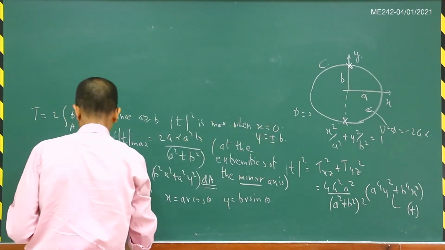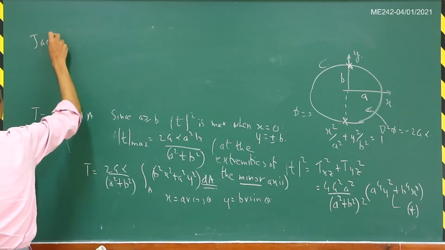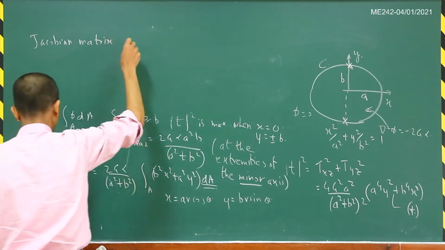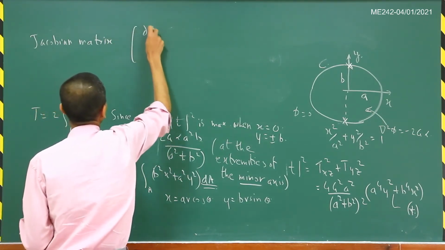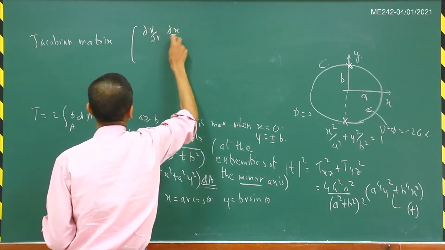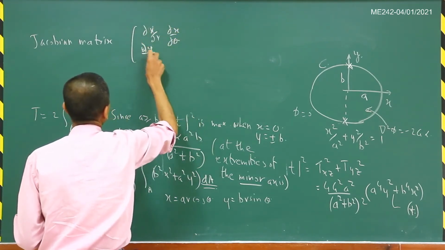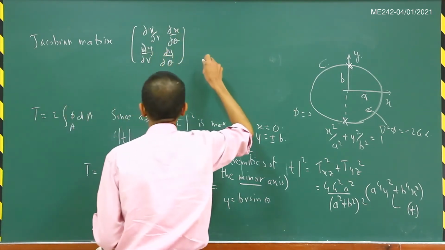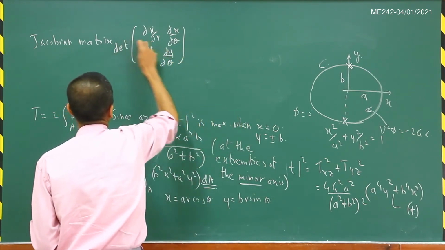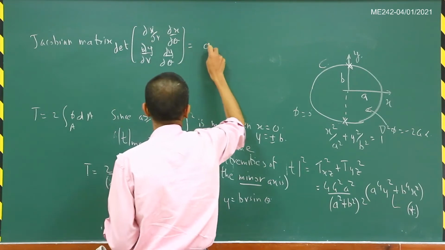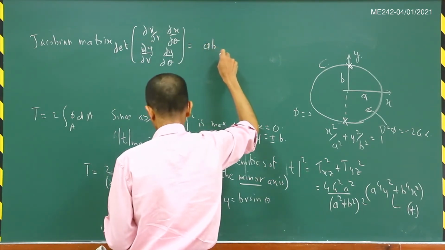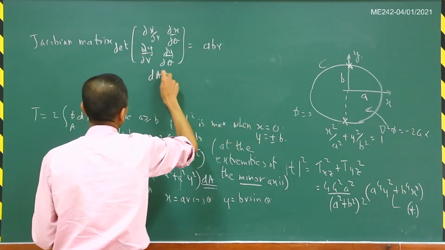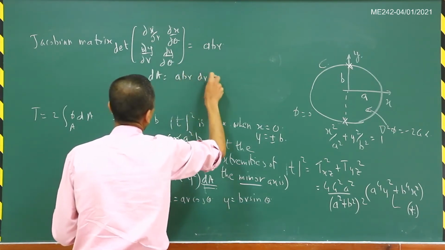So the Jacobian matrix is del x by del r, del x by del theta, del y by del r, del y by del theta, and the determinant of this will be equal to a b r. So you will get that dA is equal to a b r dr d theta.